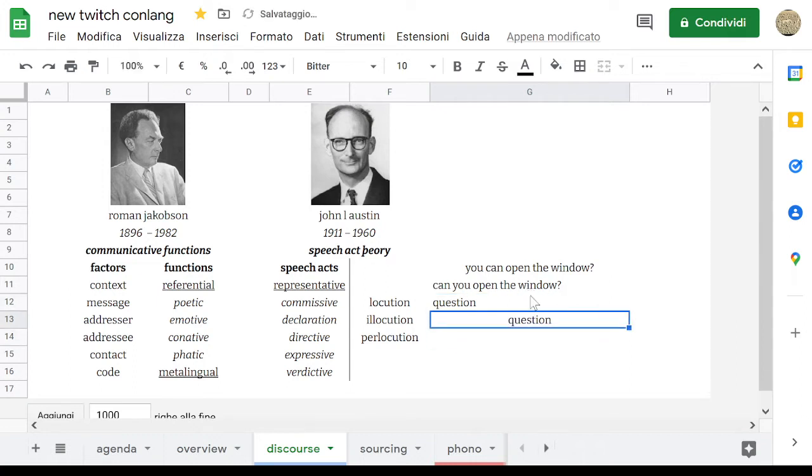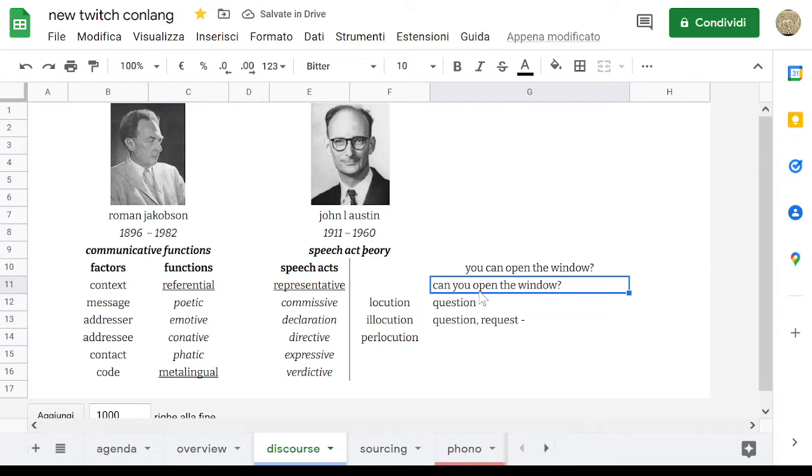But I could also be making a request indirectly. And typically when we ask questions like, can you open the window? Especially if there's a please in there, then we are actually illocutionarily making a request. We're telling someone that we want them to open the window. We haven't directly said that. We haven't said, open the window, or I want you to open the window.